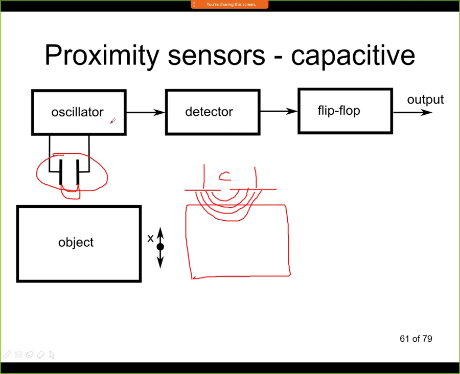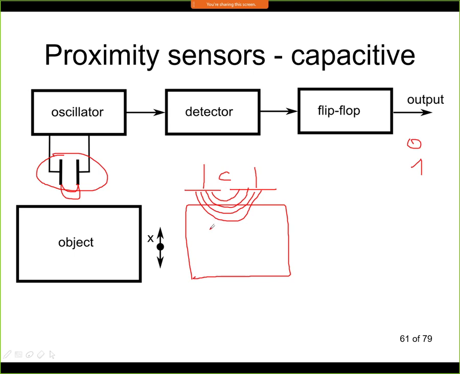This change will get detected by the detector circuit, and the output is then connected to a flip-flop, and again on the output we'll have either 0 or 1 if the object is there or if the object is not there.